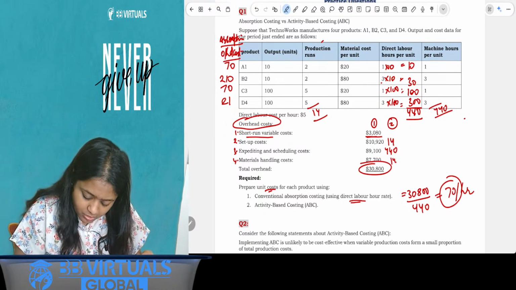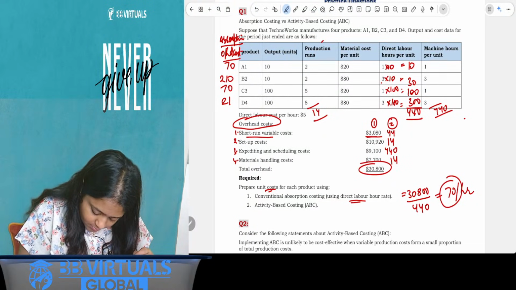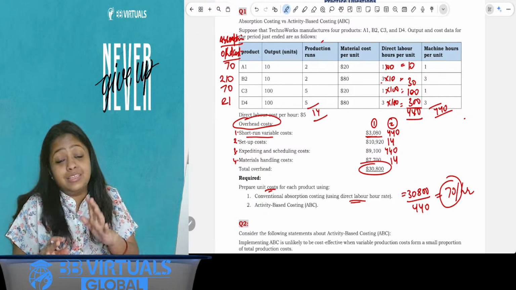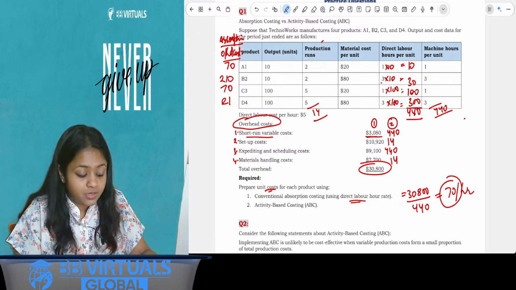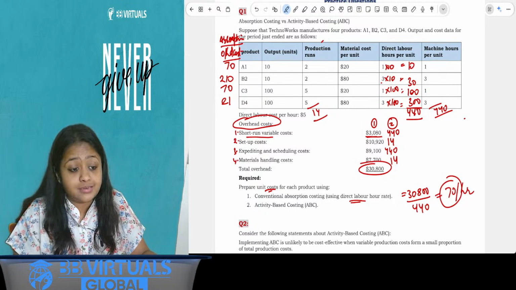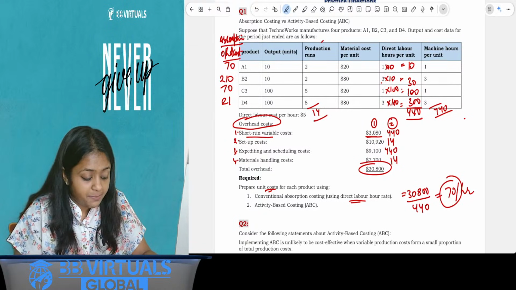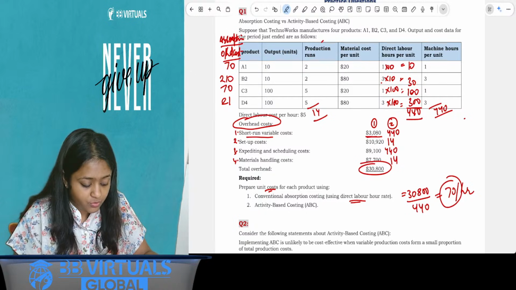Short run variable cost should again be based on number of machine hours. So here, in the exam, you can have this difficult point where sometimes it becomes difficult to identify whether I have given the correct driver or not. So that becomes a challenge, and for that, we need to be very clear.